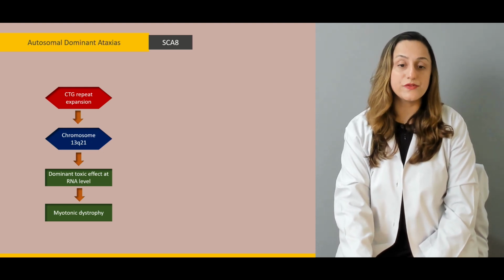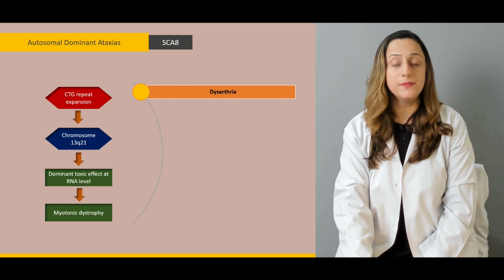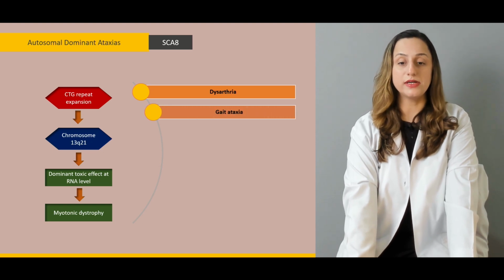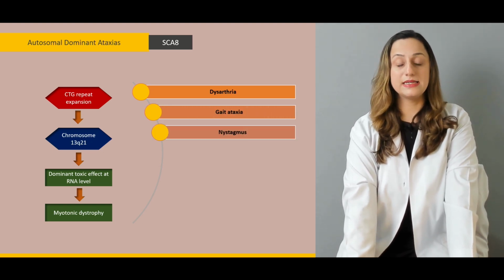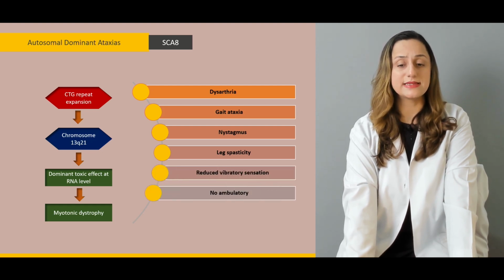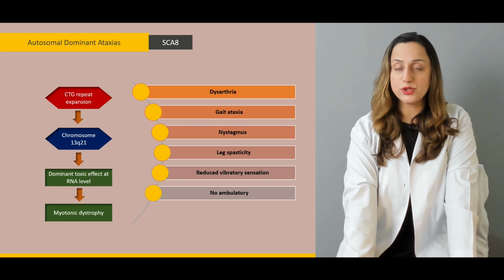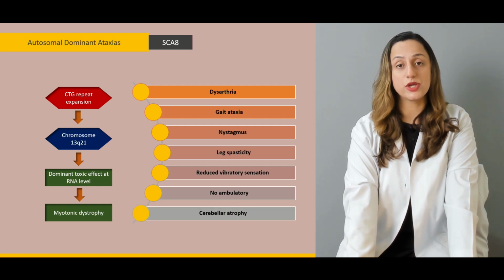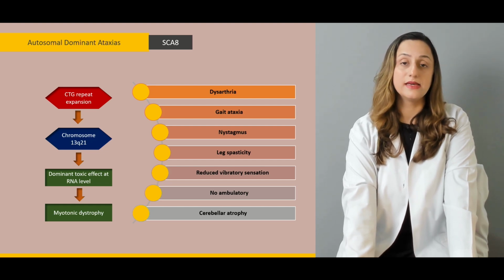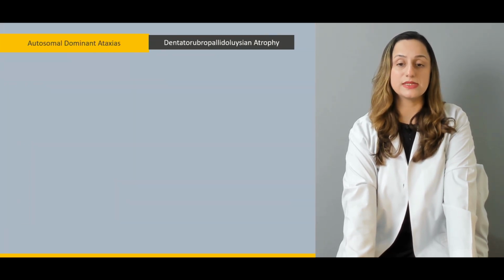So muscle dystrophy is the predominant sign over here, which is going to affect the speech, resulting in dysarthria. The gait is affected. Nystagmus is noted down in the ocular movements. Leg spasticity, reduced vibratory sensations, and no ambulation. So the movement is even going to be affected over here. Then cerebellar atrophy is the primary sign that is noted down in these patients.